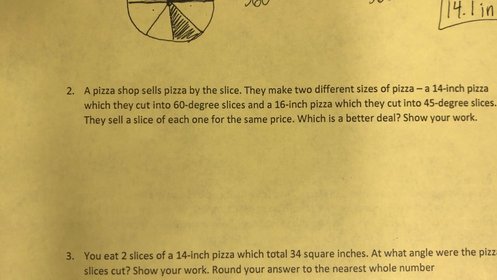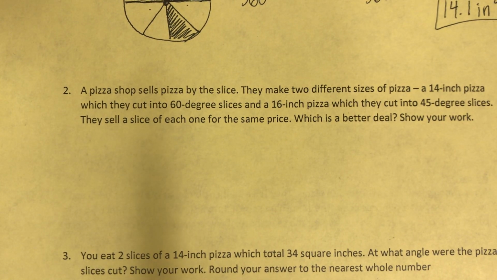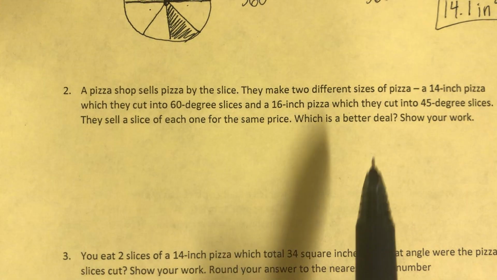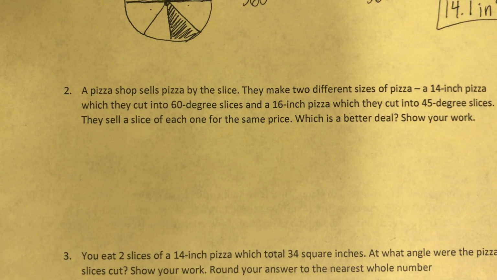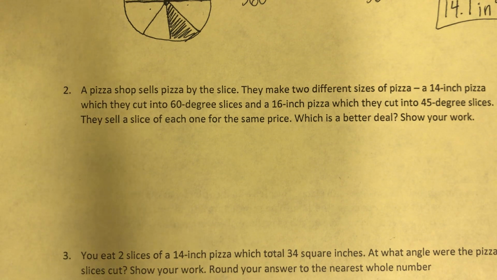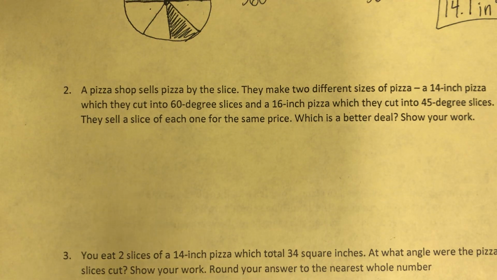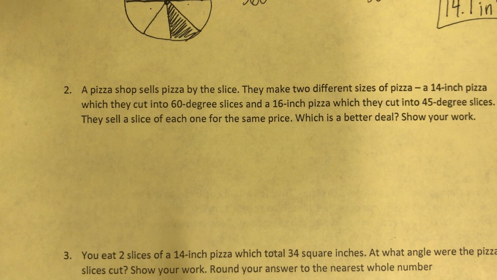because we want to see which pizza gives you more area for one slice. So we need to use that area of a sector formula for the 14-inch pizza and for our 16-inch pizza.